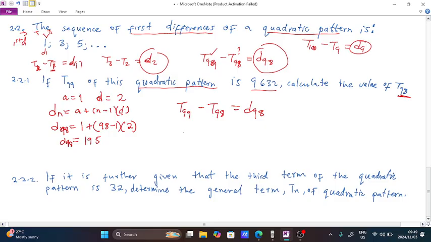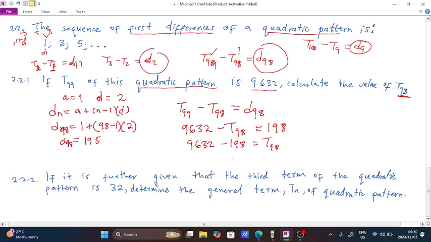T99 was given as 9632, minus T98, which is what I'm looking for, equals 195, the term number 98 of the first difference. So 9632 minus 198 equals, so T98 will be positive on this side.